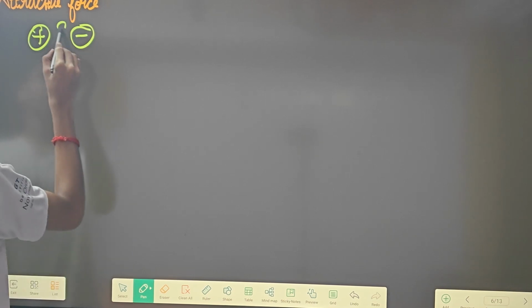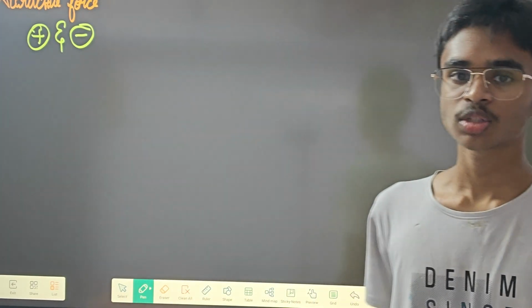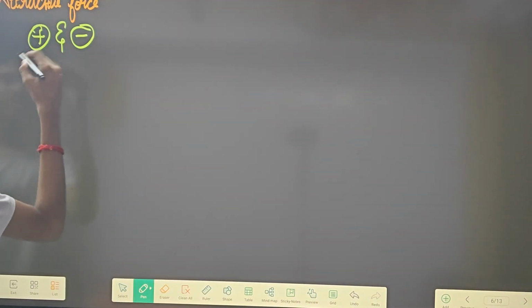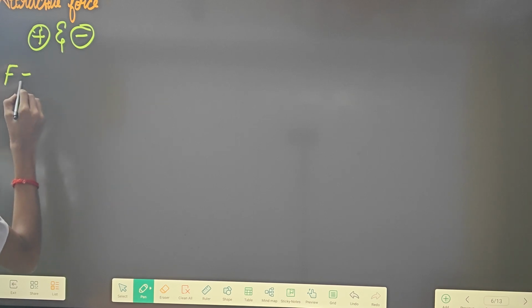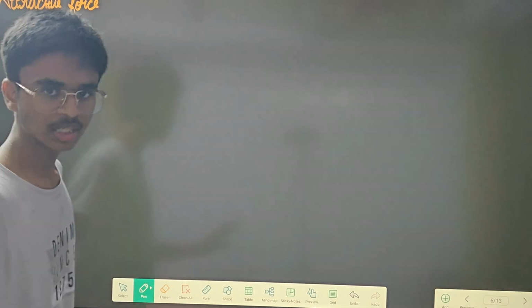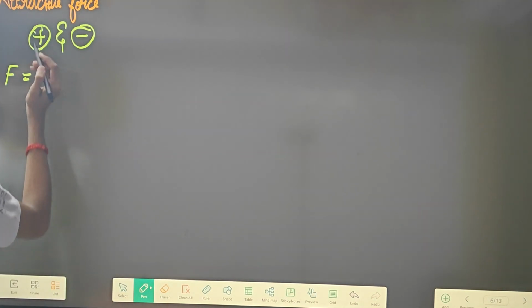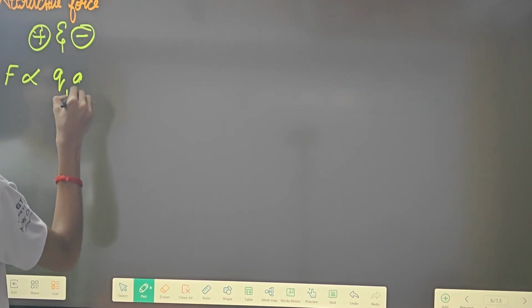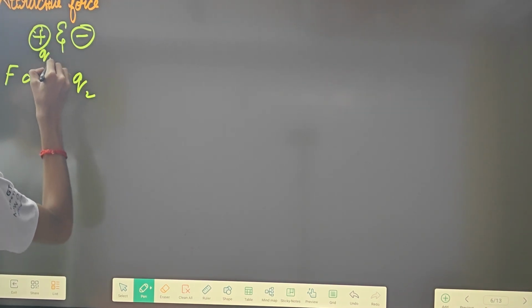Force is directly proportional to q1 and q2, multiplication. This is q1 and this is q2.